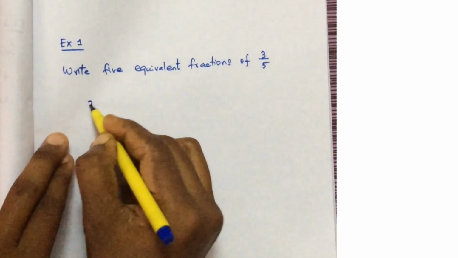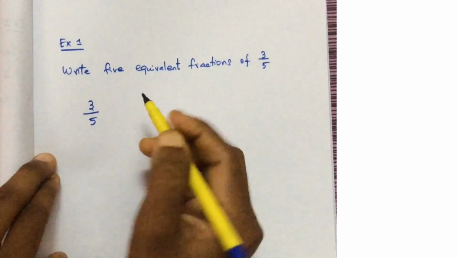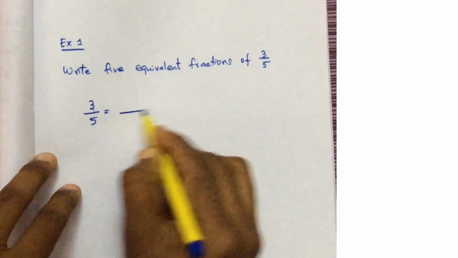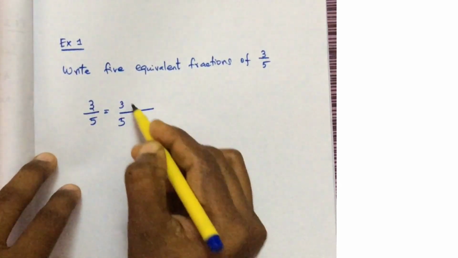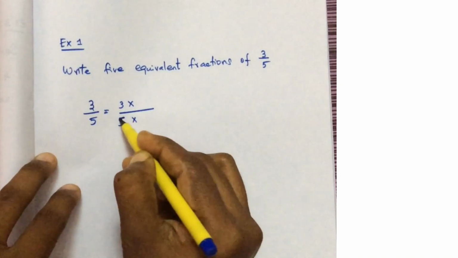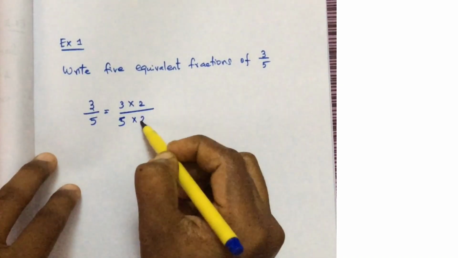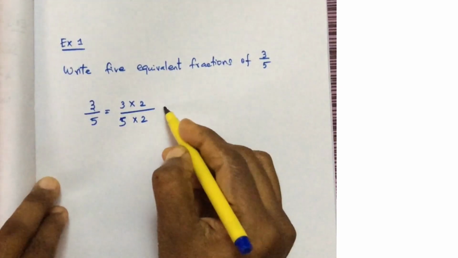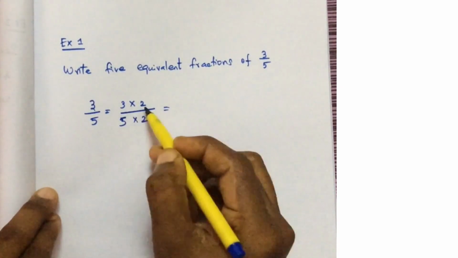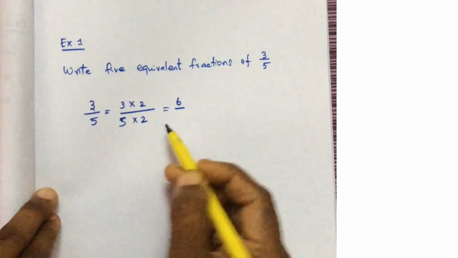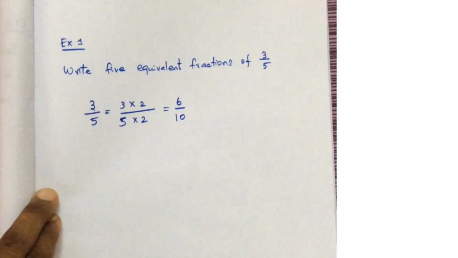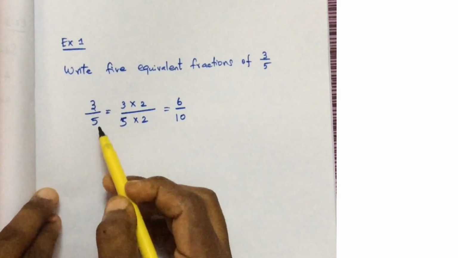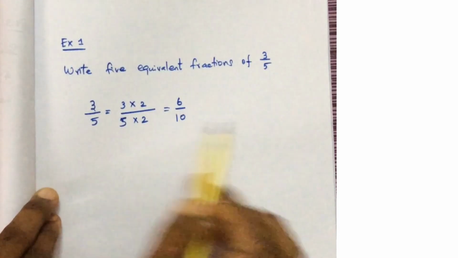Let me try one. 3 by 5 is given. Okay, to this 3 by 5, I am multiplying by 2, the same number in the numerator and the denominator. Then 3 multiplied by 2 is 6, and 5 multiplied by 2 is 10. Okay, so 3 by 5 and 6 by 10 are equivalent.